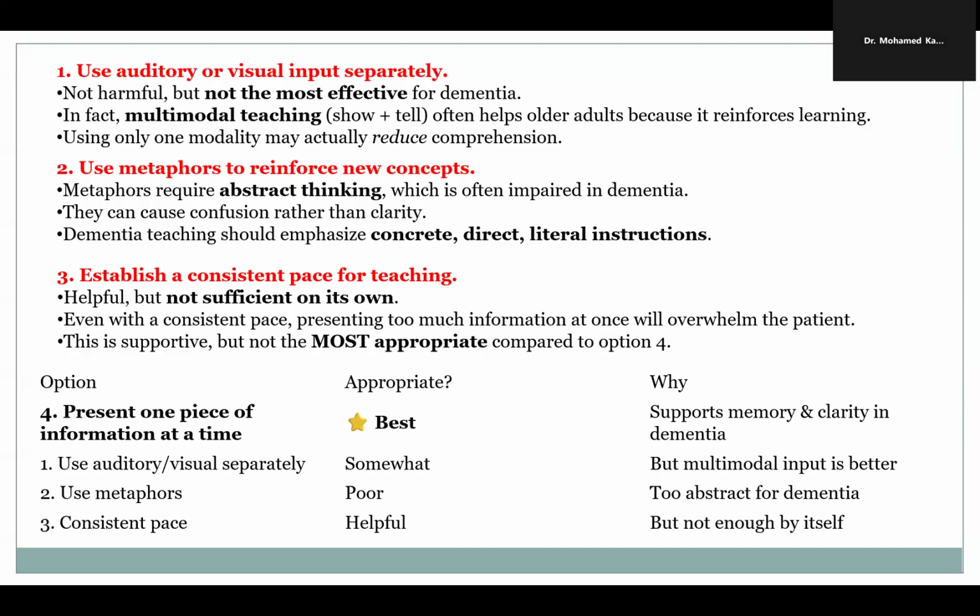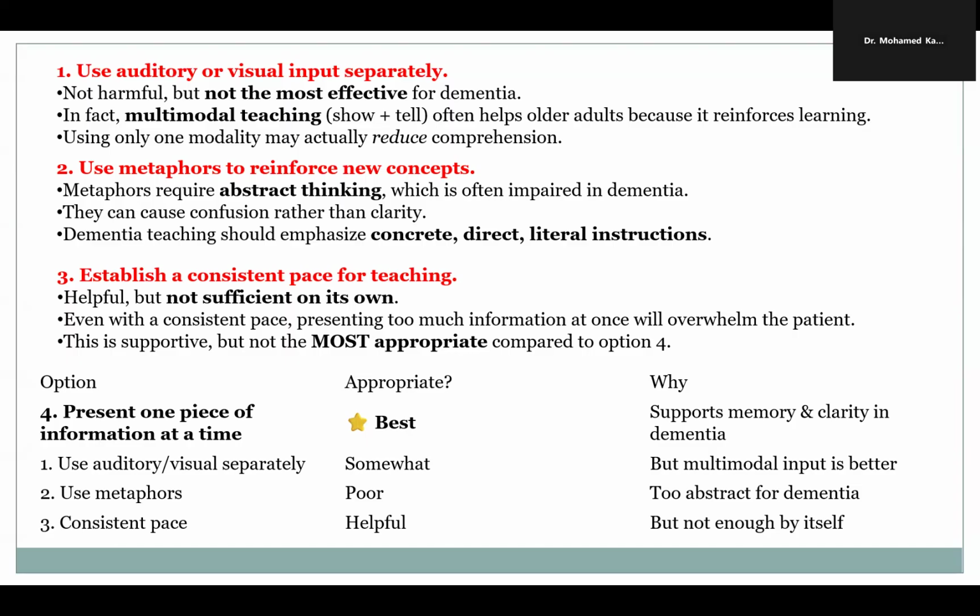So to summarize, number four, which is the correct answer, present one piece of information at a time. This is the best choice, and this will support memory and clarity for people who have dementia. Use auditory and visual separately. Yes, we said it is important, but it would be more efficient if we use visual and auditory inputs at the same time, so a multimodal or multisensory approach.